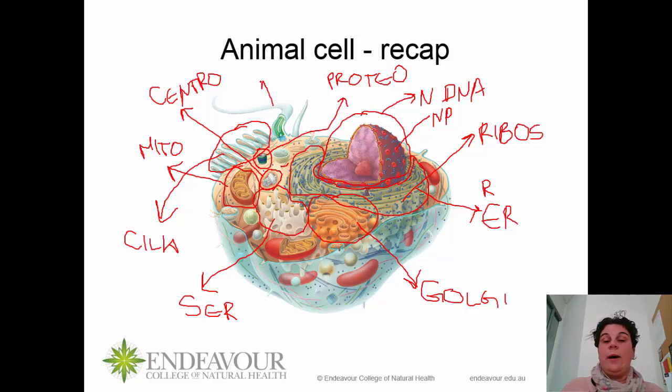The other protrusion of the plasma membrane is the flagellum. You only have 1 flagellum per cell, and you only find that in the sperm cells. Okay, good.